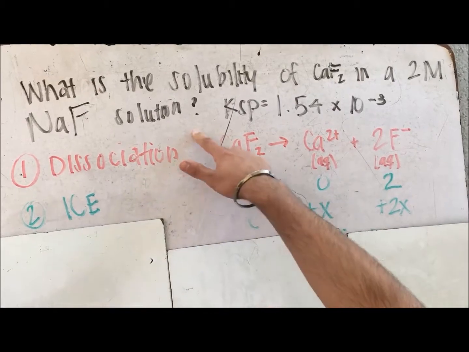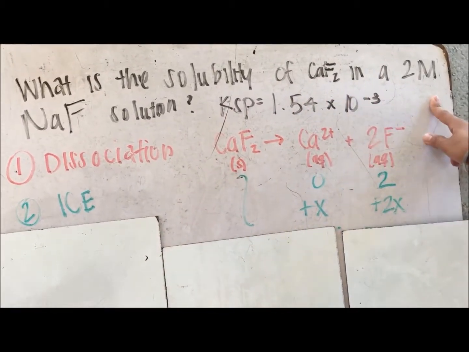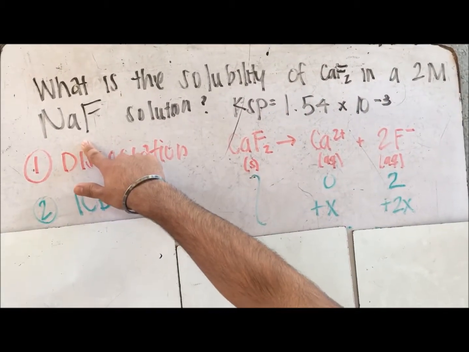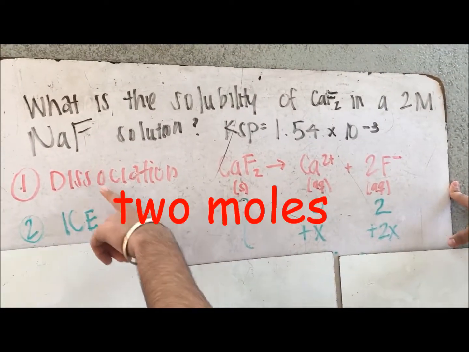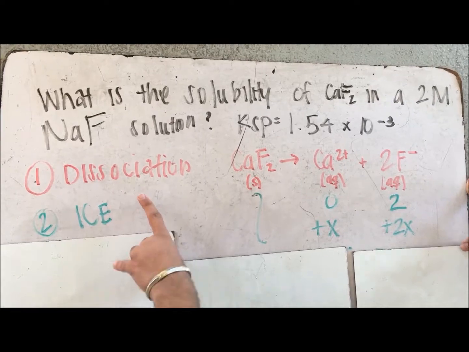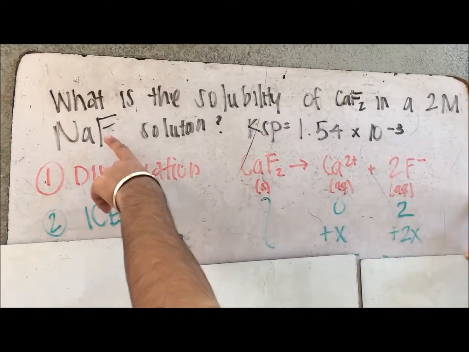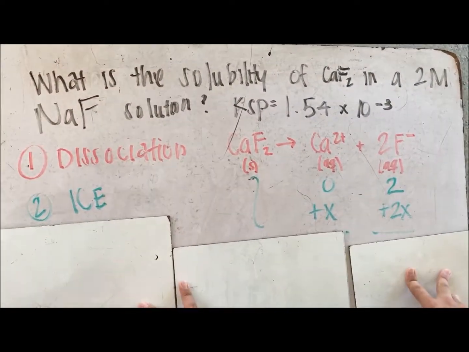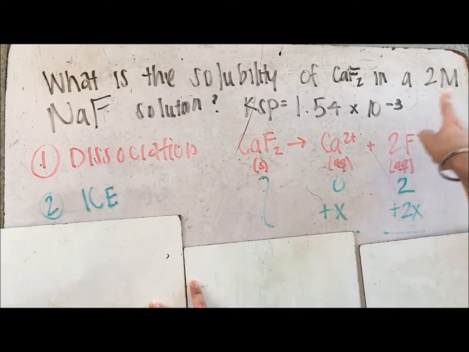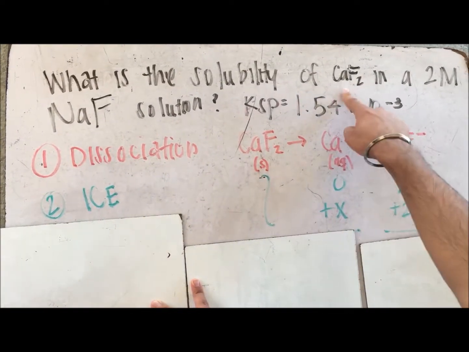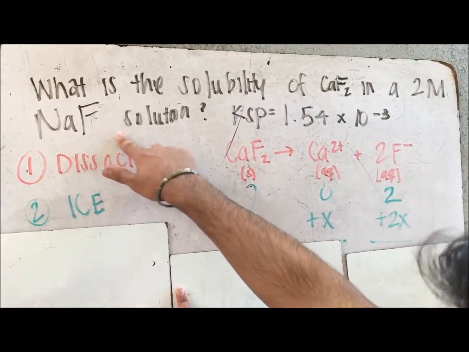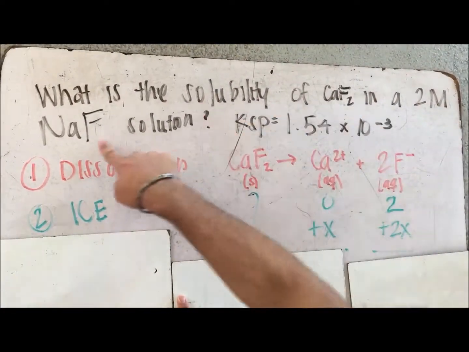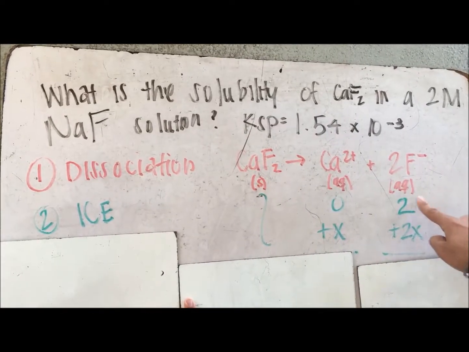Because it's given that in the solution there's already 2 molar sodium fluoride solution. There's already 2 molar fluorine in here. So we put a 2 here because we're putting calcium fluoride in a 2 molar sodium fluoride solution. There's 2 molar of fluorine, hence we put a 2 here.